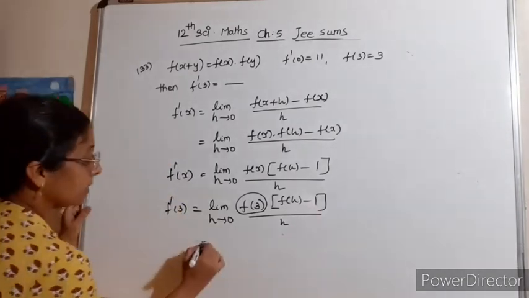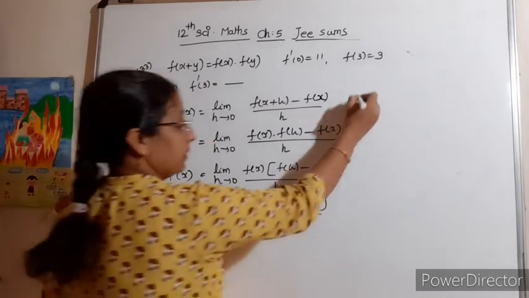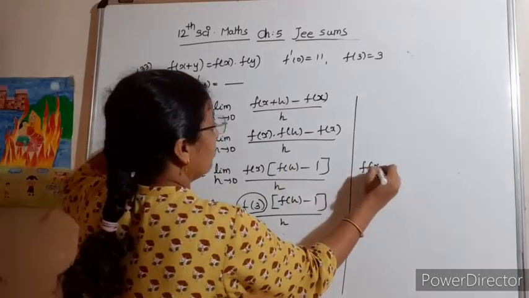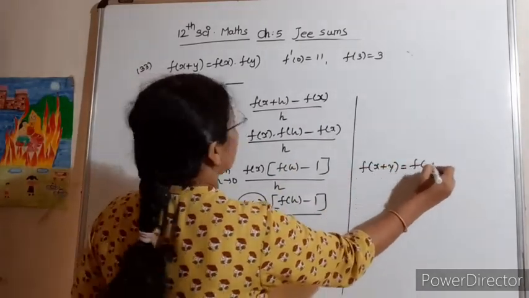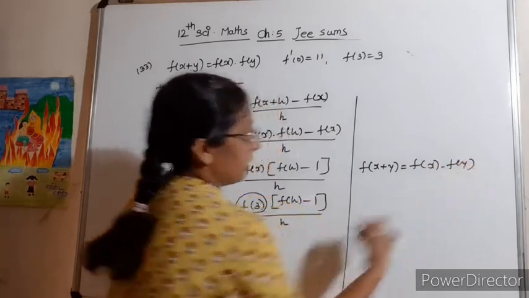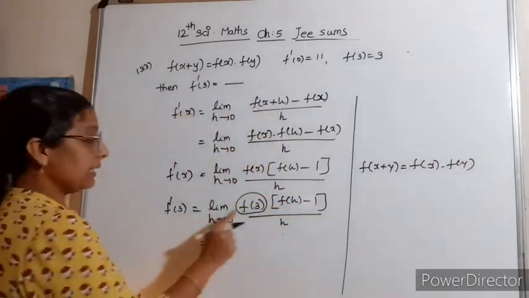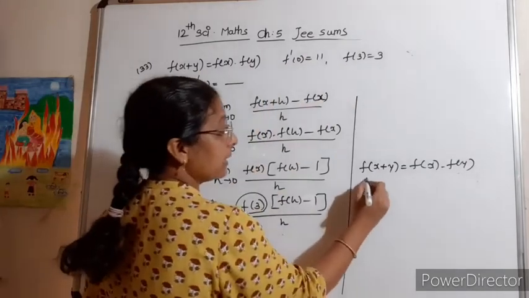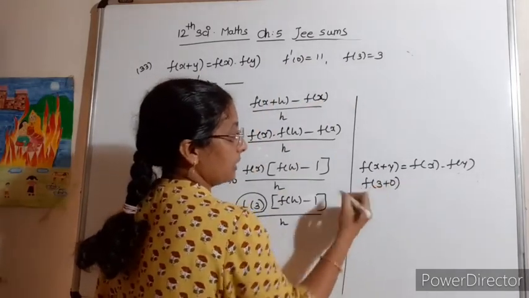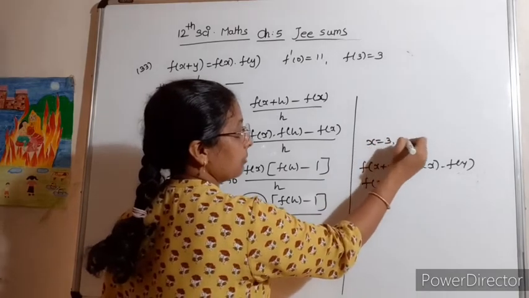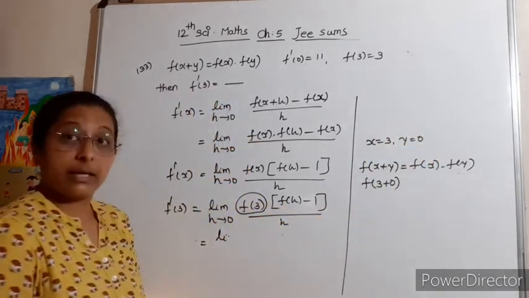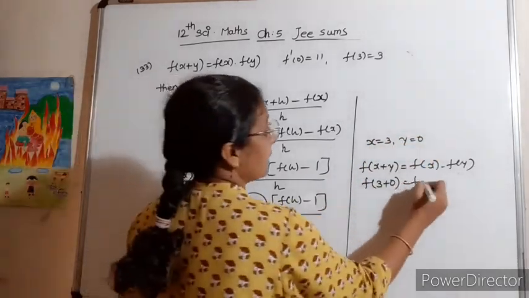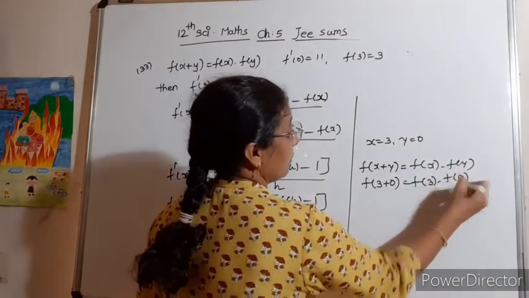You can say that limit, first of all we'll find, f of x plus y is equal to fx into fy is given. यहाँ f3 है देखिए, so we will take f of 3 plus 0. इसका मतलब x is equal to 3 and y is equal to 0 अगर लिया तो f of 3 is equal to f of 3 and f of 0.